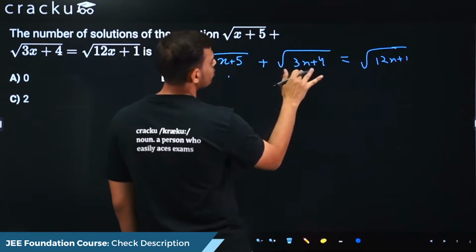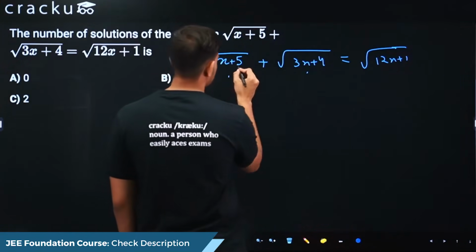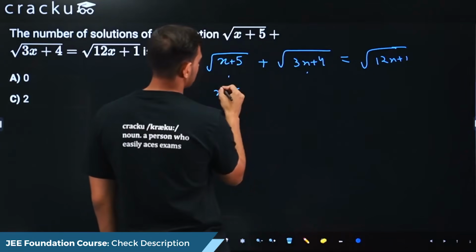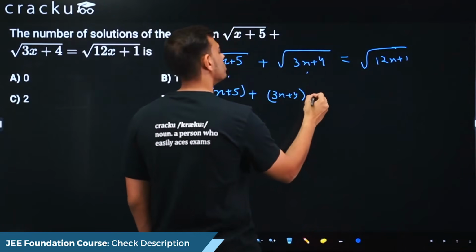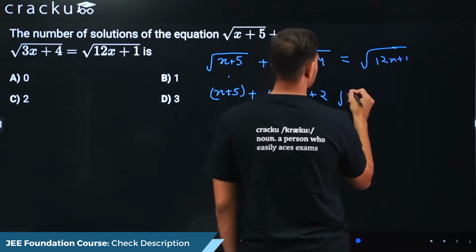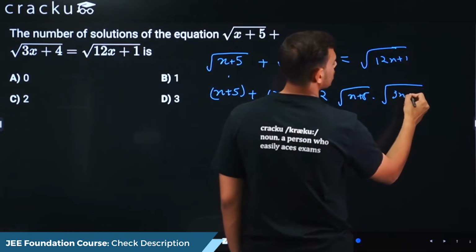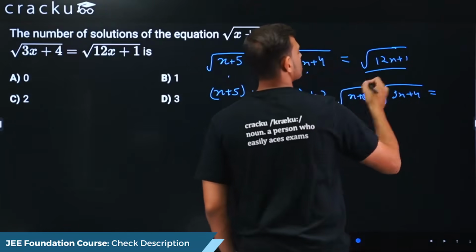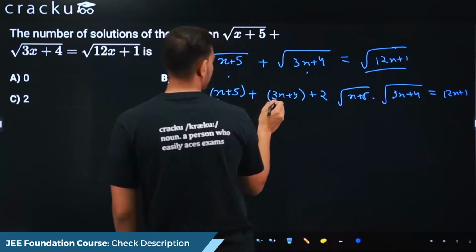A plus b whole square is a square plus b square plus 2ab. This will be a square x plus 5, b square 3x plus 4 plus 2ab, 2 times root x plus 5 multiplied by root 3x plus 4 equals to square of this, 12x plus 1. These x terms are 4x.